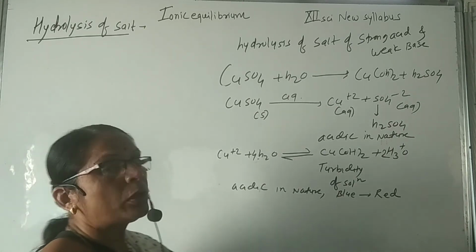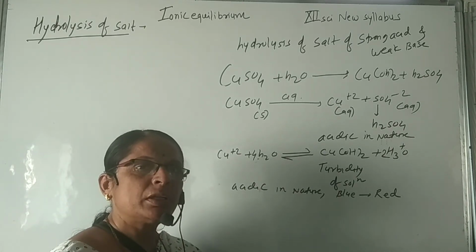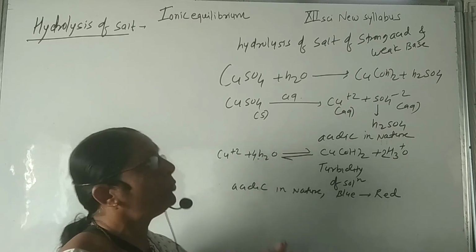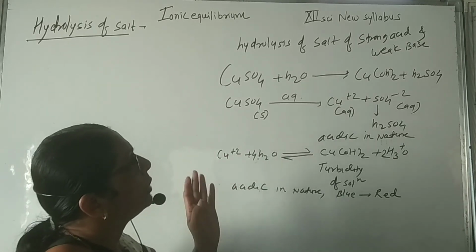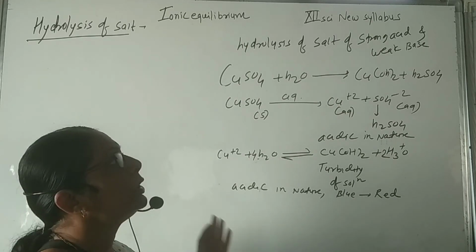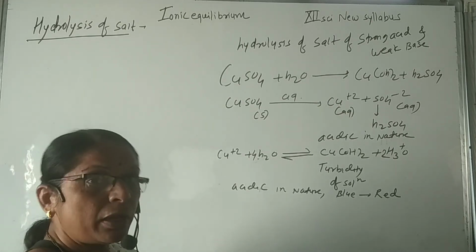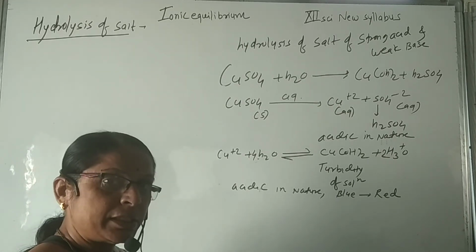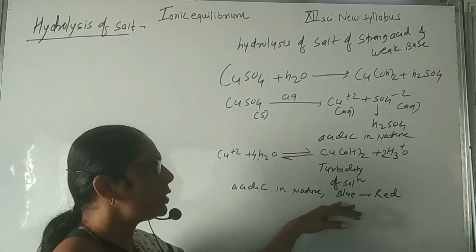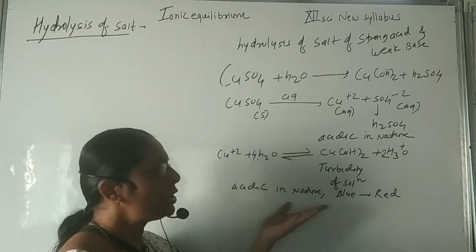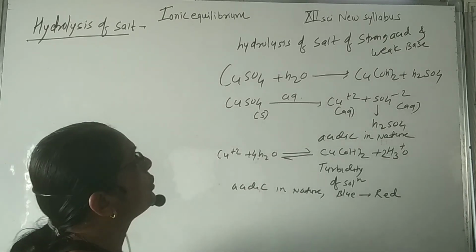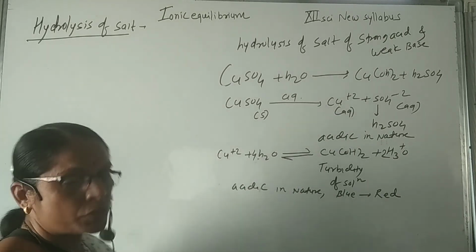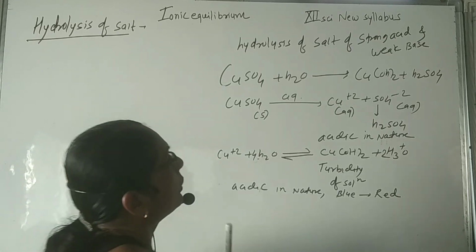Remember, a salt of a strong acid and strong base does not undergo hydrolysis, therefore that solution is neutral. But consider the hydrolysis of the salt of a strong acid and weak base. As the acid is stronger, the solution is acidic in nature and it turns blue litmus to red. So that is the nature of the hydrolysis of the salt of a strong acid and weak base.